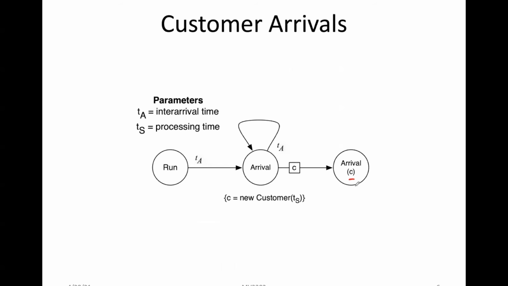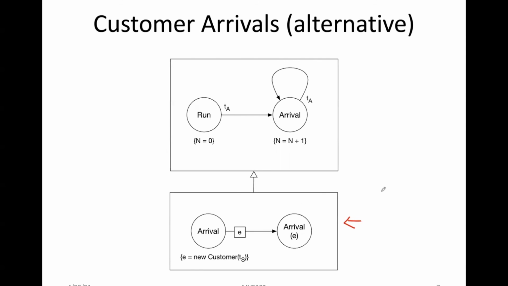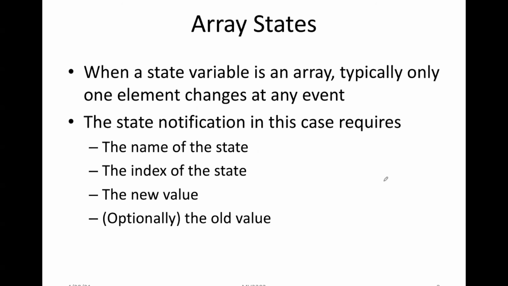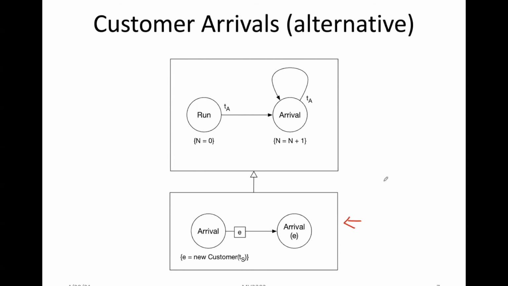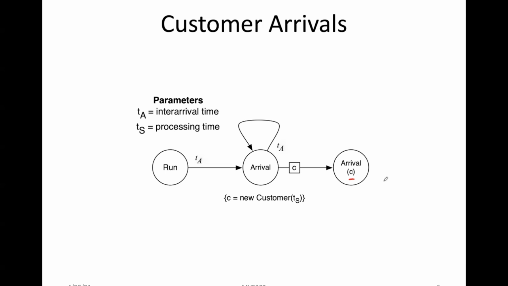So which one do you have? They're both correct. If I'm writing an event graph, I might just write this because it's less writing than this. Okay, so let's see. I didn't write the, okay.